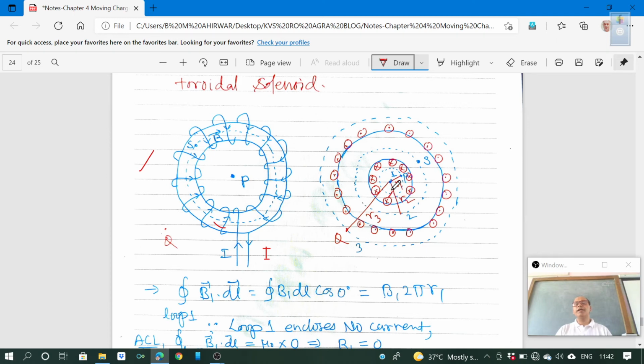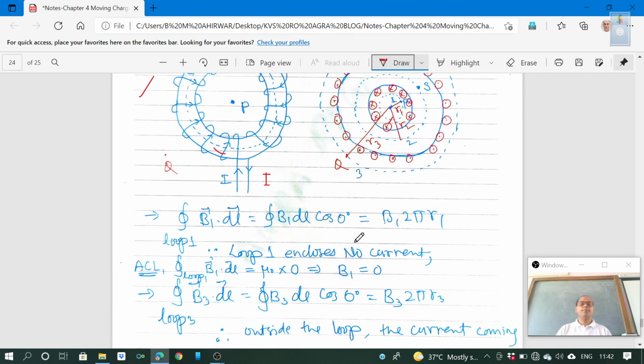Suppose we wish to find the magnetic field in the interior of the toroid, in the middle of the toroid, and outside the toroid. So in the interior, suppose the radius is R1, and point P in the interior of the toroid is taken.